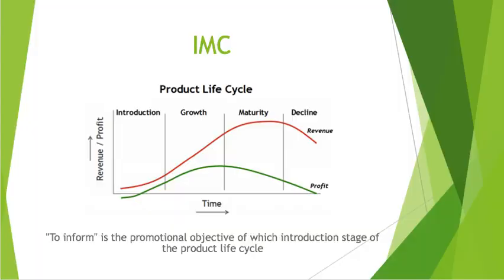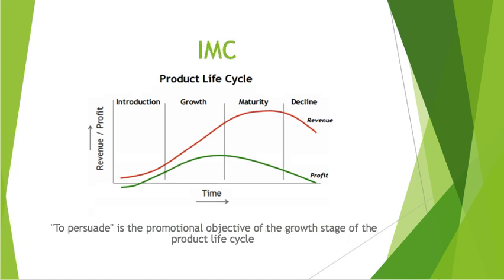Moving into integrated marketing communications, understand the four stages of the product life cycle and be able to recognize each stage. So to inform is the promotional objective of the introduction stage of the product life cycle, and to persuade is the objective in the growth stage.